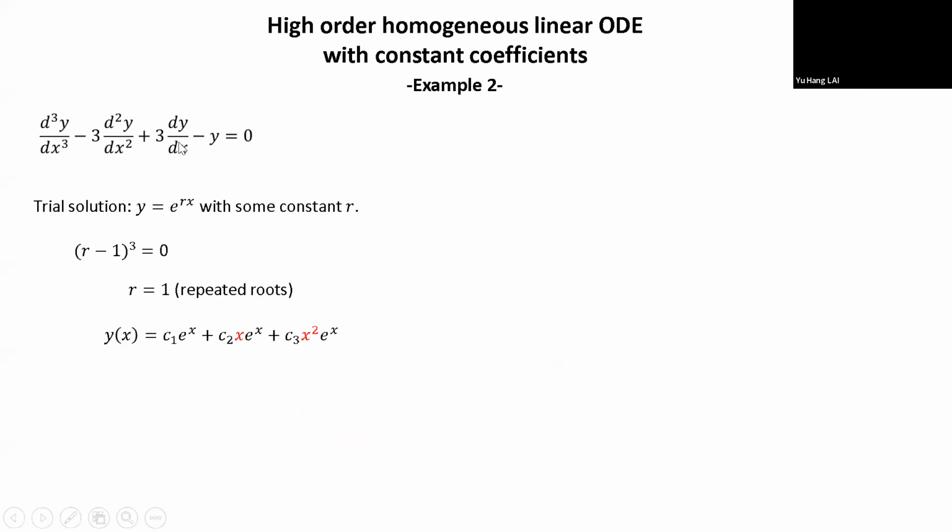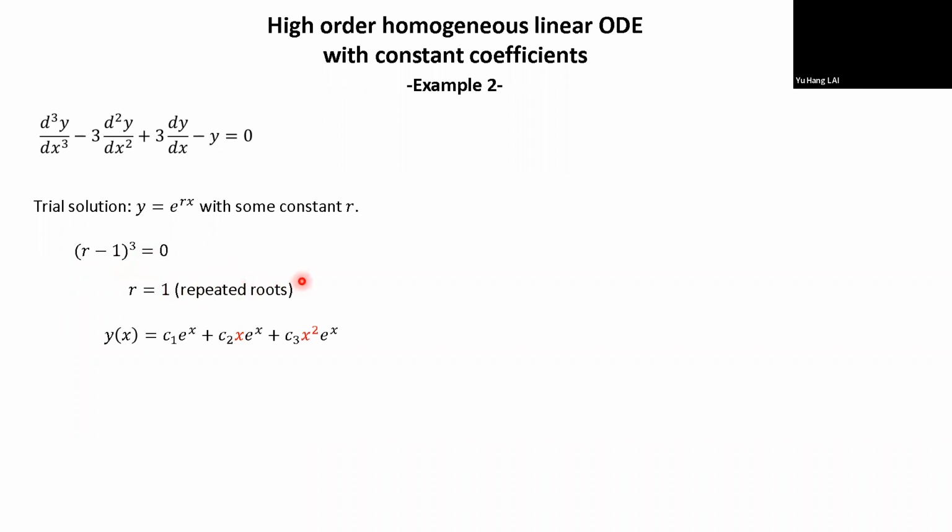Okay, so again, another example which is simple enough for us to solve. Again, constant coefficient, homogeneous. This time you'll find that your auxiliary equation looks like this. I do have 3 roots, but they are all repeated roots.